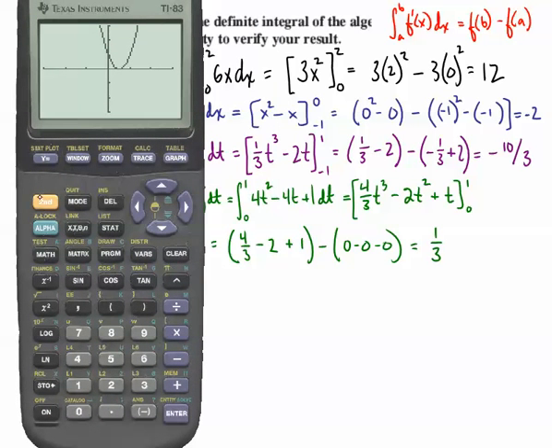So we do second trace, option number 7, 0 to positive 1, and we get 1/3 as the area between the curve and the x-axis there underneath that quadratic.